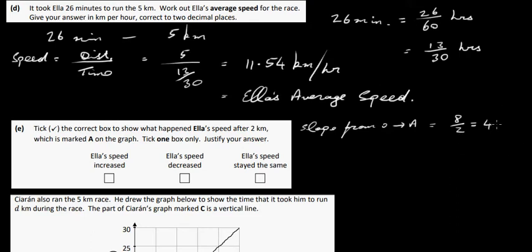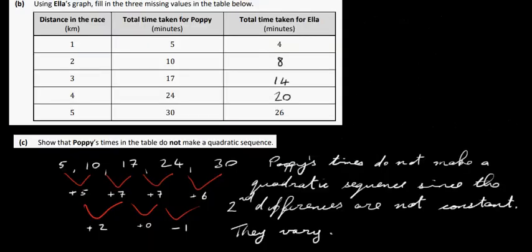So it's 4 minutes per kilometer. It takes her 4 minutes to do 1 kilometer. And now the slope from A to the end. So we just go back up again.